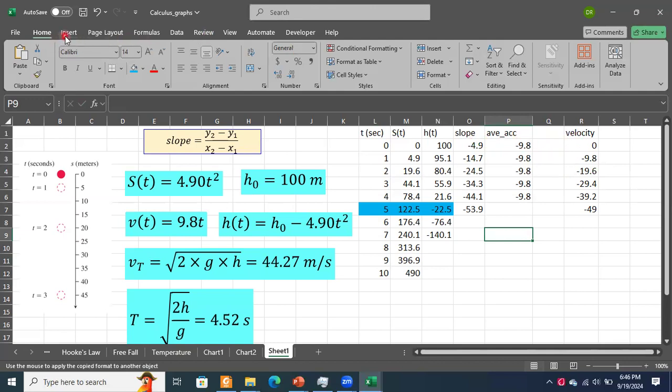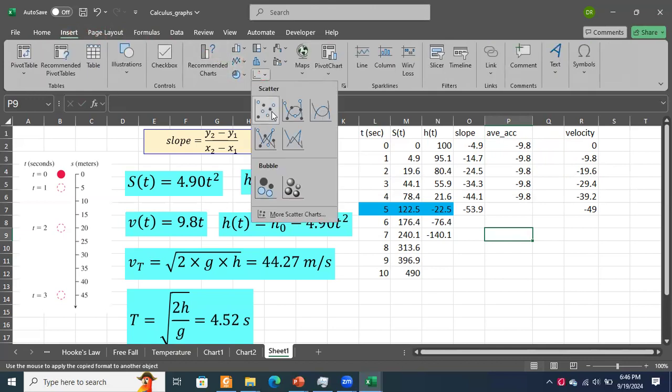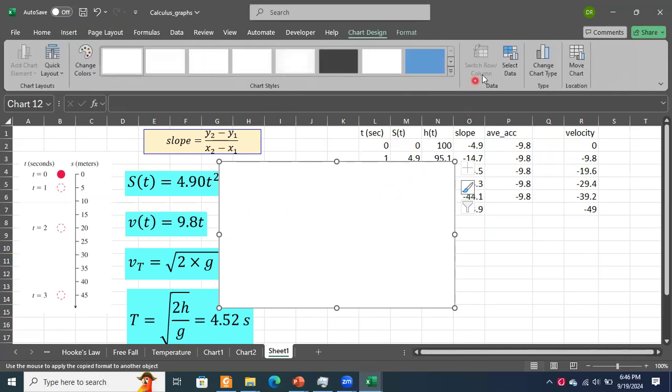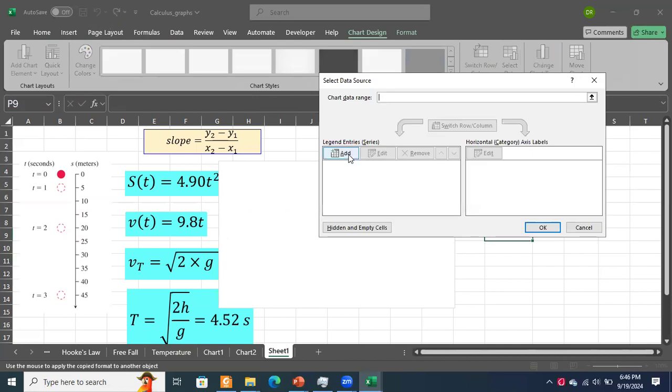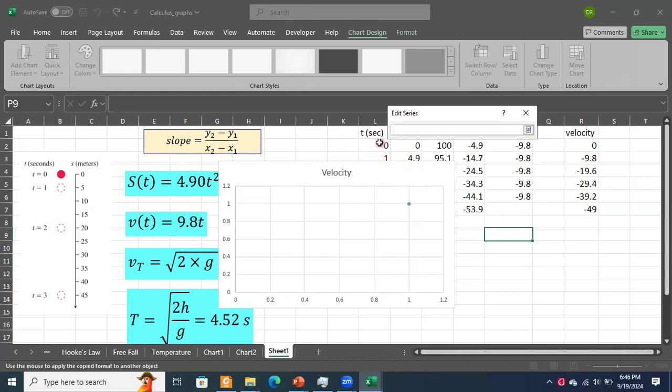So I choose the graph of points, scatter plot. Again, it requires the data to be selected. So add a series. I have exact velocity, abscissa values to be selected from the time.